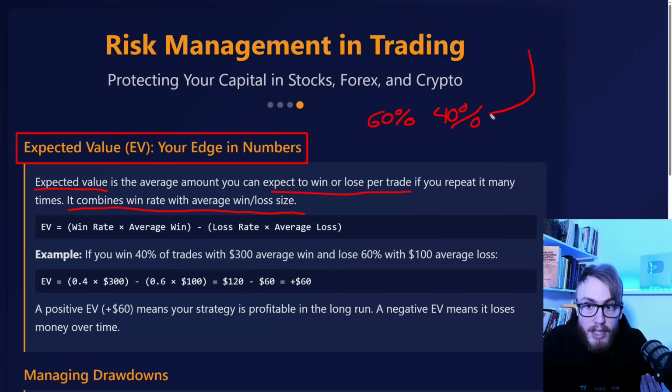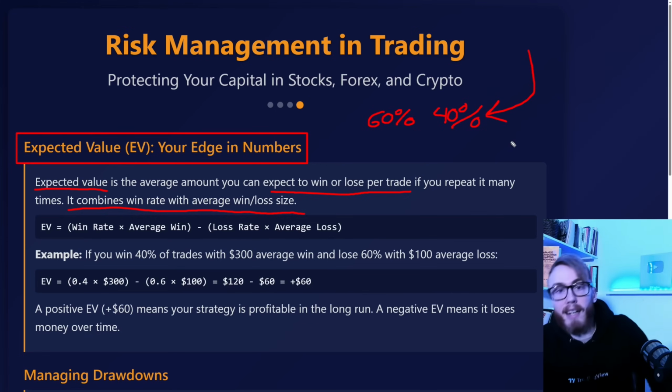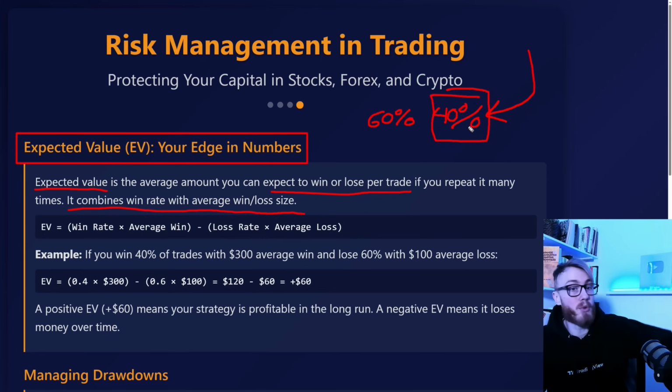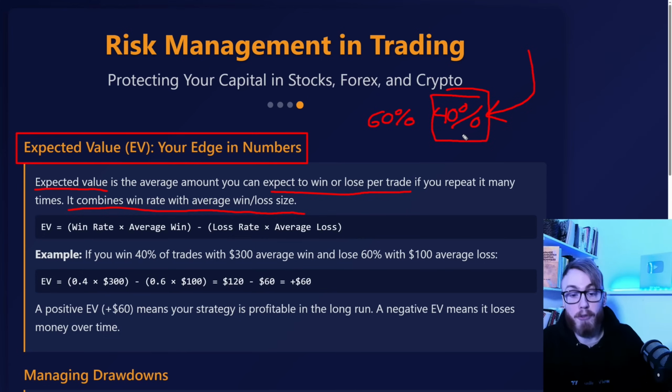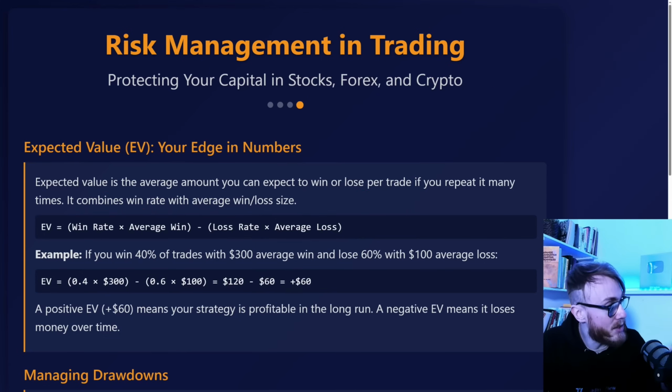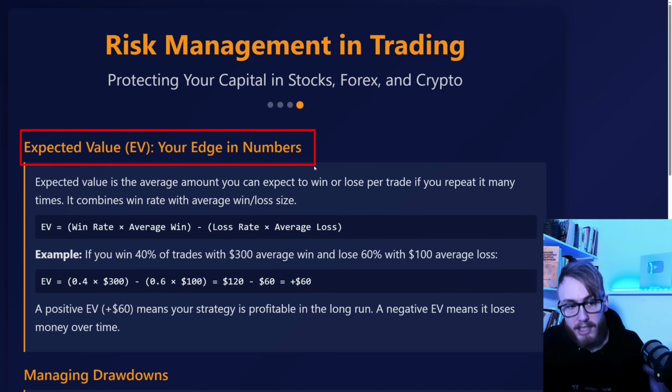But this doesn't mean that we can't be unlucky and lose 2 times in a row or even 3 times in a row. A 40% chance can happen 3 times in a row, 4 times if we are unlucky. That is why such an important part of expected value is that we actually take many trades.